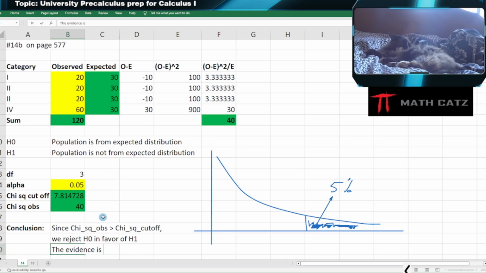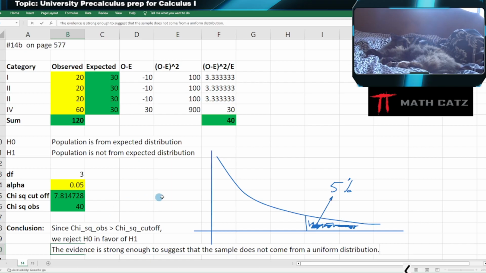The evidence is strong enough to suggest that the observed score, or let's say sample values like this, that the sample does not come from a uniform distribution. Something like that.